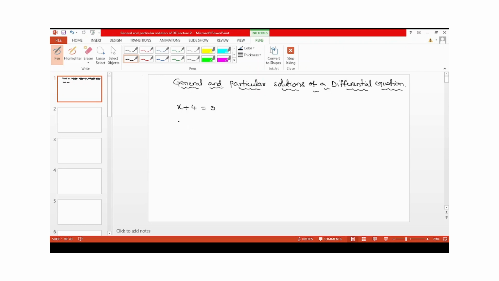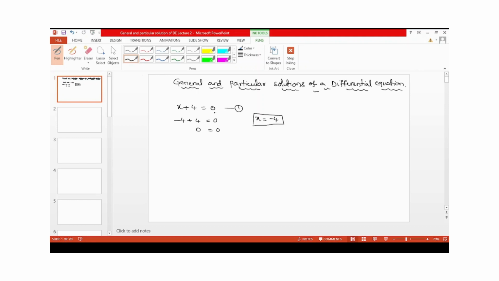So minus 4 plus 4 equals 0, so 0 equals 0. For x equal to minus 4, the given equation is satisfied. That means whenever I substitute x equal to minus 4 in the given equation, LHS equals RHS. So I can say that x equal to minus 4 is the solution of the equation.